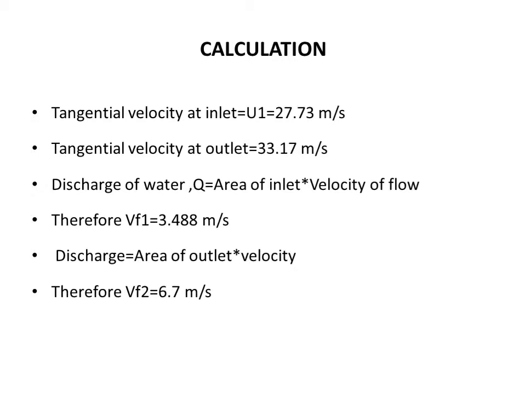Calculation. Tangential velocity at inlet U1 is equal to 27.73 meter per second. Tangential velocity at outlet U2 is 33.17 meter per second. Discharge of water Q is equal to area of inlet into velocity of flow. Therefore, Vf1 is equal to 3.4 m/s. Discharge is area of outlet into velocity.